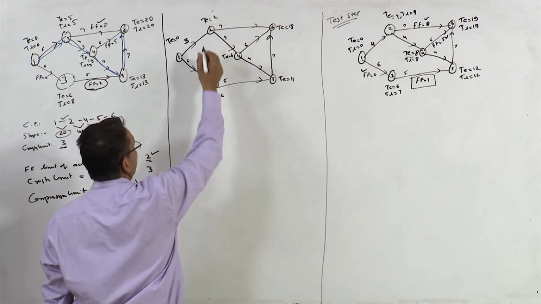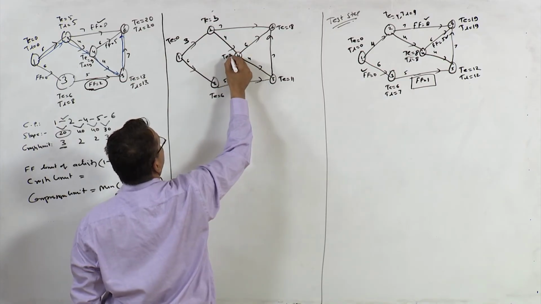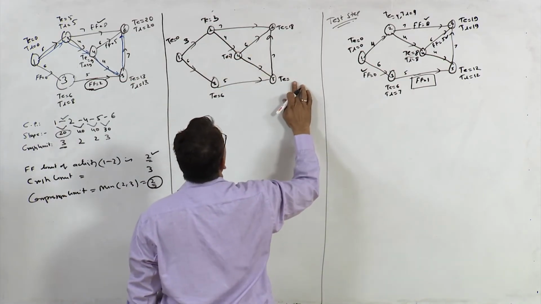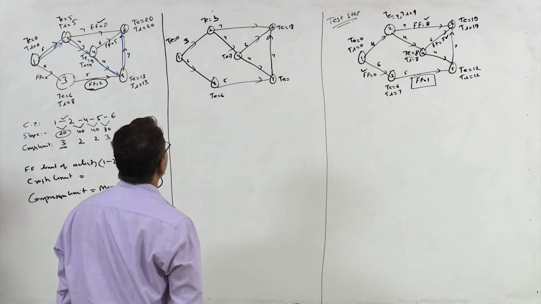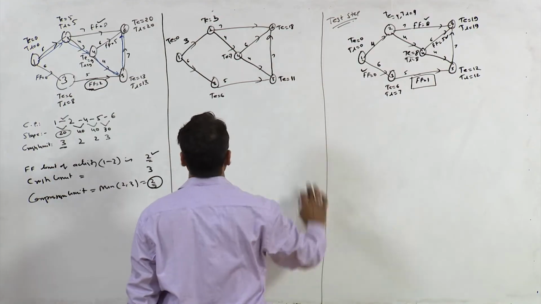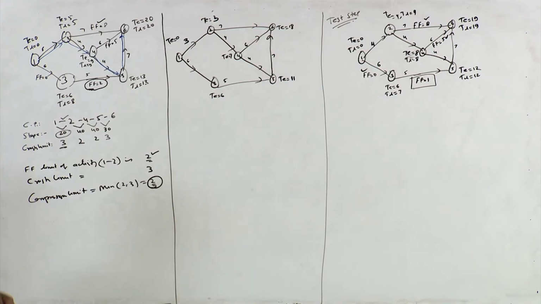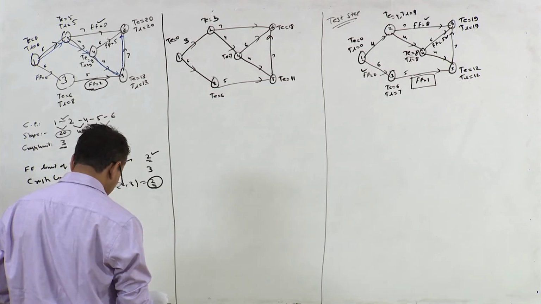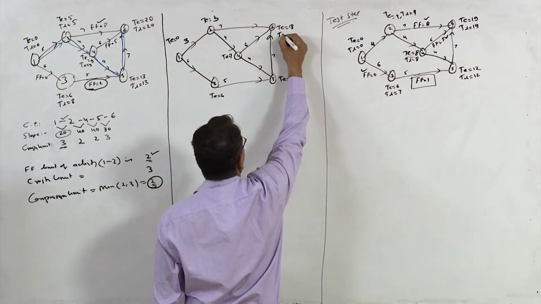So when this is 3, this is 3, this is 7, 7 plus 4, 11, and this is also 11, and this is 18.